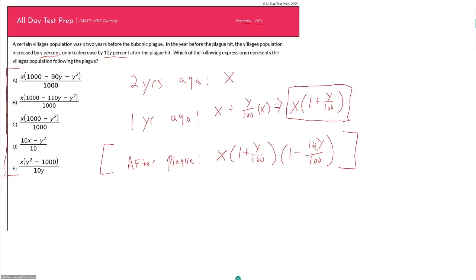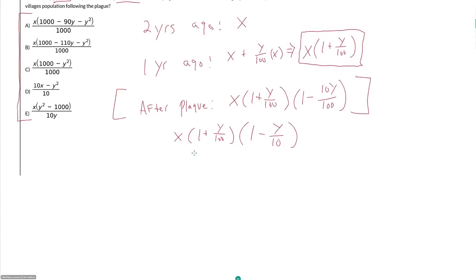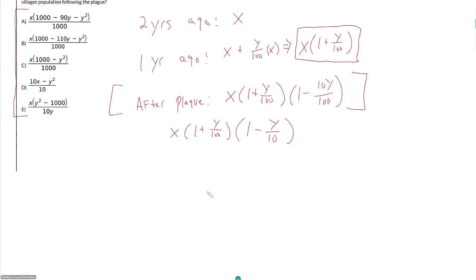And let's start by simplifying this term right here, 10y over 100. That should just be y over 10. So x times 1 plus y over 100 times 1 minus y over 10. And then I'll simplify from the inside out, so from within the parentheses first. It looks like they keep our x factored out here.